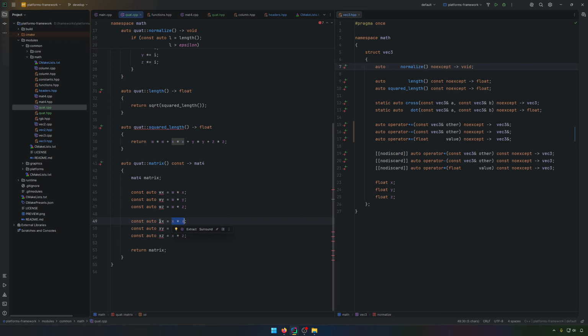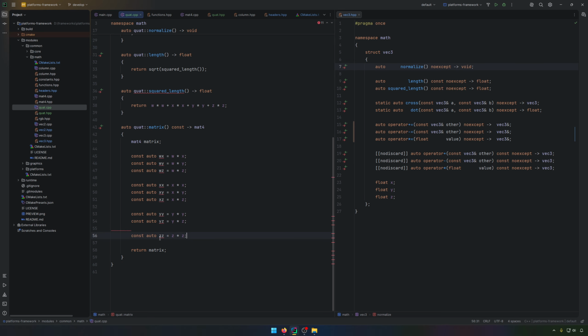We can just apply xx and we know what it will do. After that, let's do one for the y and z. We are not doing anything for the y and x because we already have the value here. And at the end, what remains is to do something for the z and z.